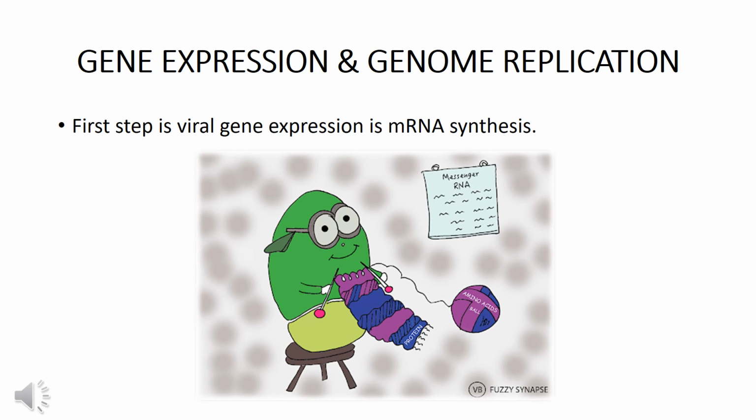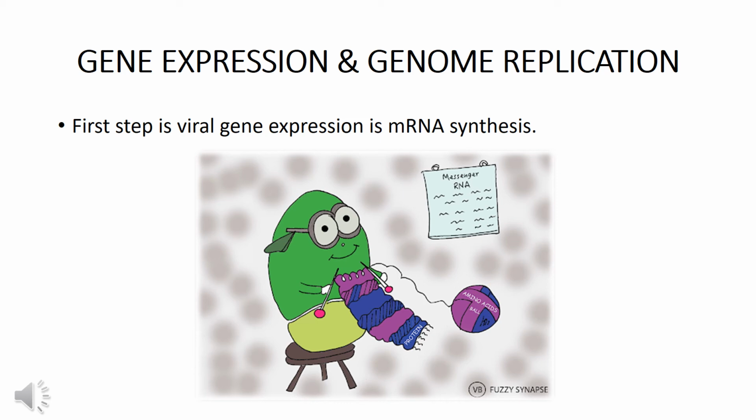negative sense RNA viruses, the viral RNA is unable to attach to the ribosome of the host cell. Without binding with the ribosome of the host cell, viral RNA cannot undergo protein production.